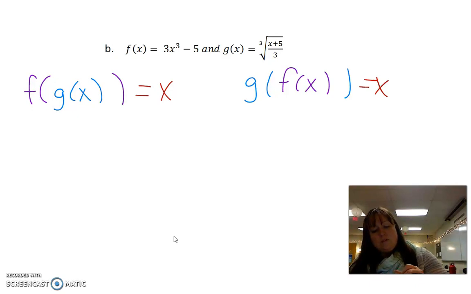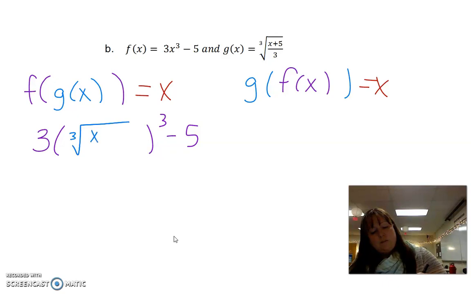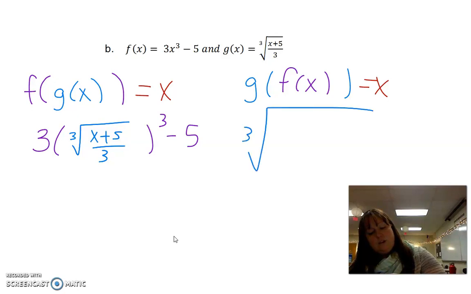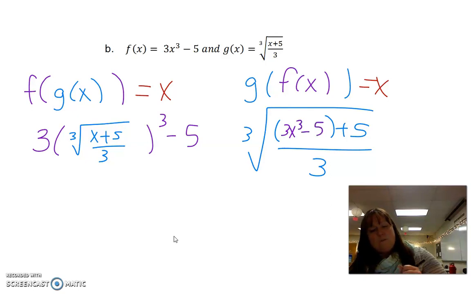Okay, so f is 3x cubed minus 5, and g is the cube root of x plus 5 over 3. And then g over here is that something plus 5 over 3, and that something is 3x cubed minus 5. Okay, so we set them up.